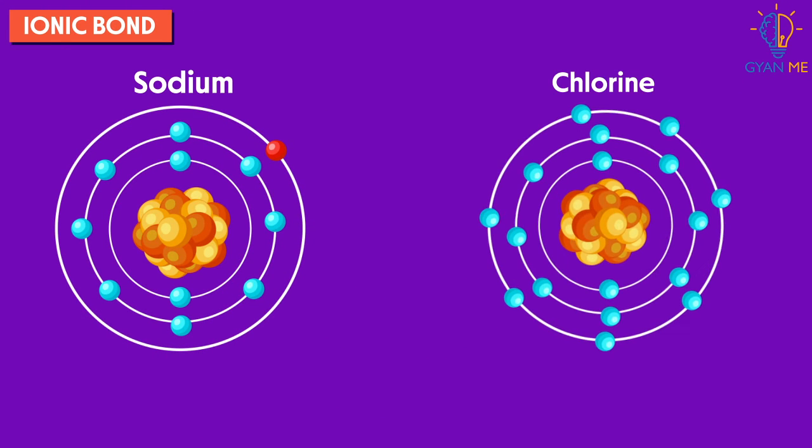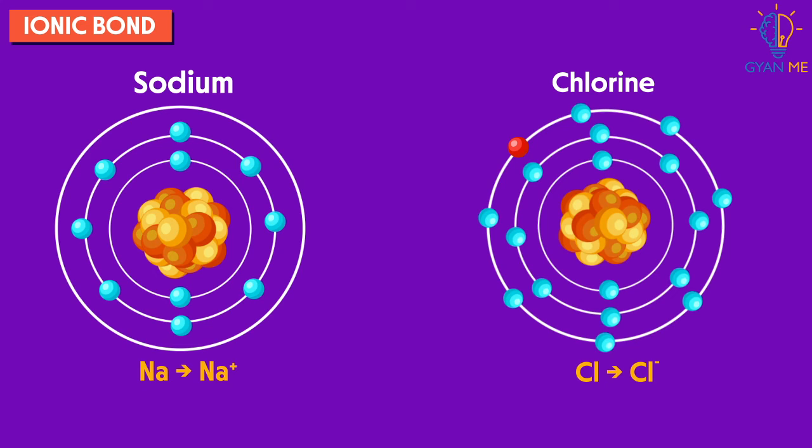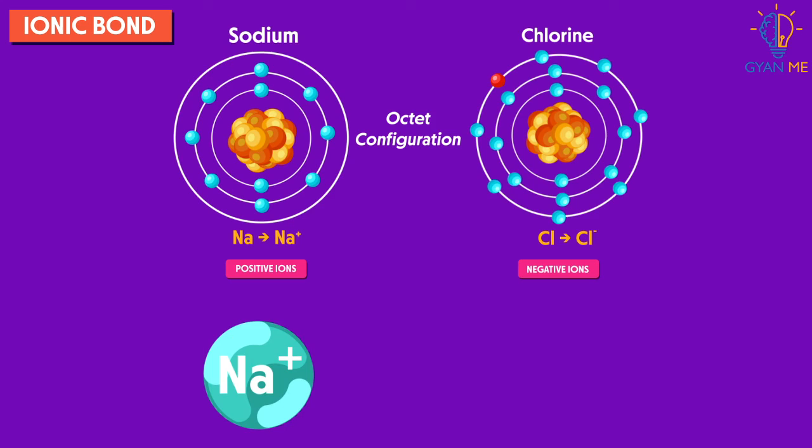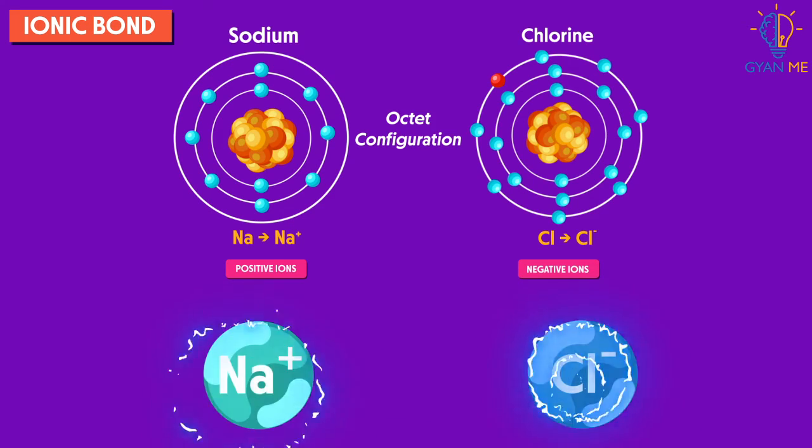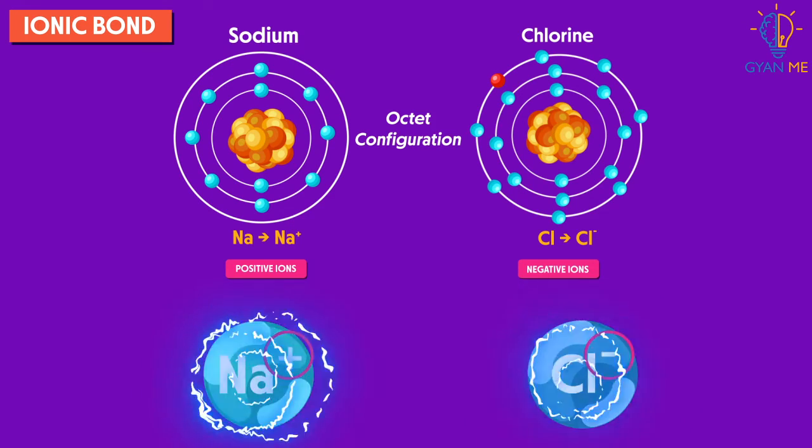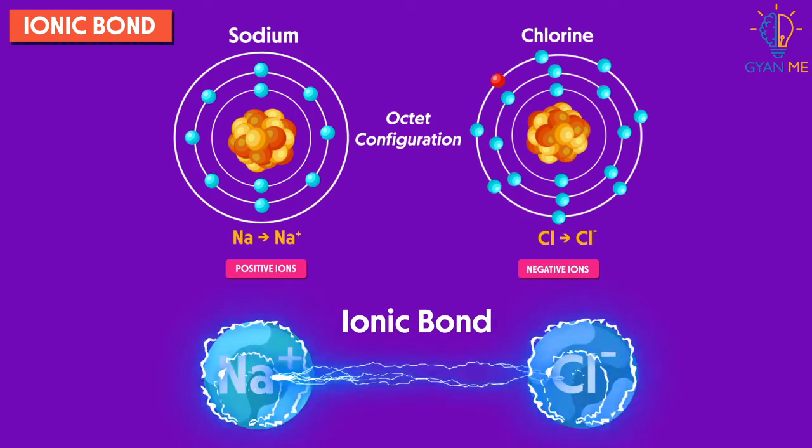So we can say that to achieve octet configuration, metals lose their electrons and make their respective positive ions, while non-metals take electrons and form the respective negative ions. And the bond which is formed between these two ions due to the attraction force between these oppositely charged ions is called an ionic bond, since it is formed between ions.